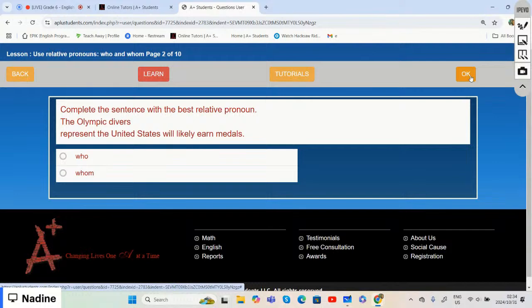All right, the next one says we need to complete the sentence with the best relative pronoun. The Olympic divers. Do we say who represent the United States will likely earn medals, or do we say whom represent the United States will likely earn medals?